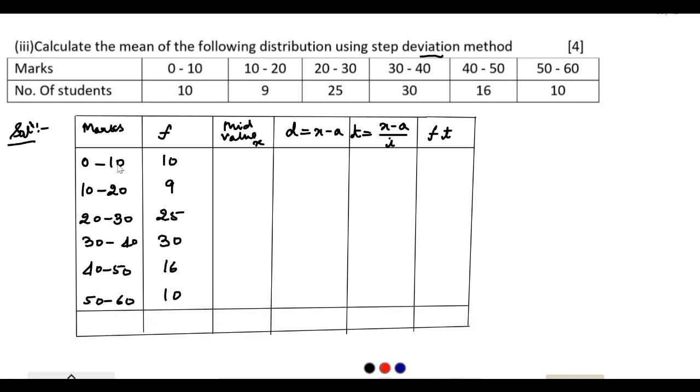Mid values: 0 to 10, 0 plus 10 by 2, that is 5, then 15, 25, 35, 45 and 55.